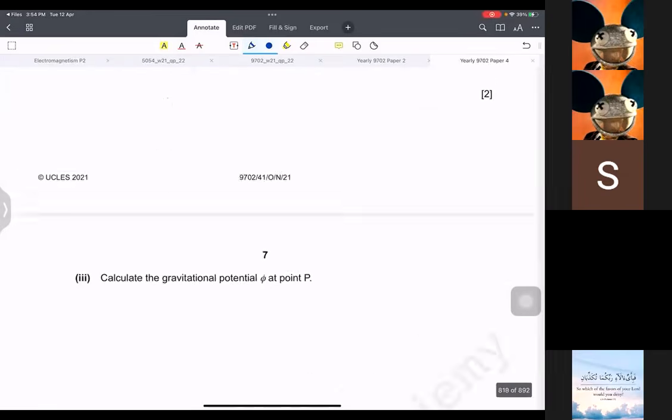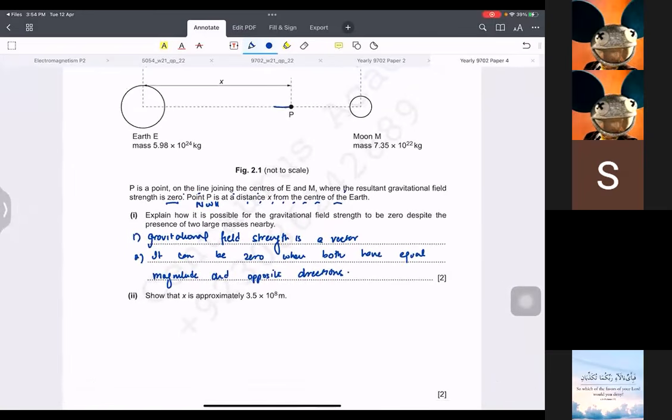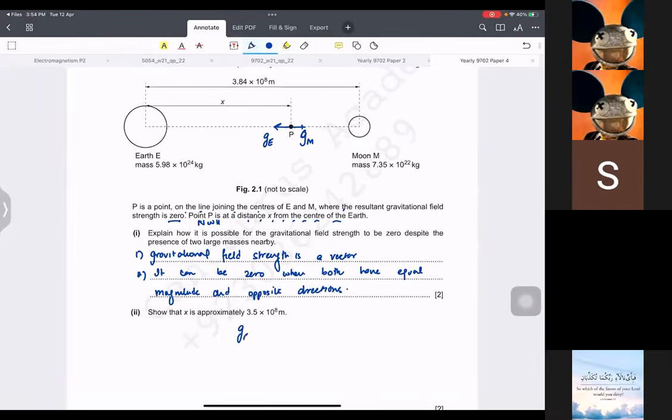Okay. Now, show that x is approximately 3.5. Okay, so we got this, we got to do here. That's pretty simple. So at this point, we could say that this is the gravitational field strength of Earth, and this is the gravitational field of Moon. So G of Earth should be equal to G of Moon. So I'm going to write it like this. GM over r squared equals to GM. This is Earth.